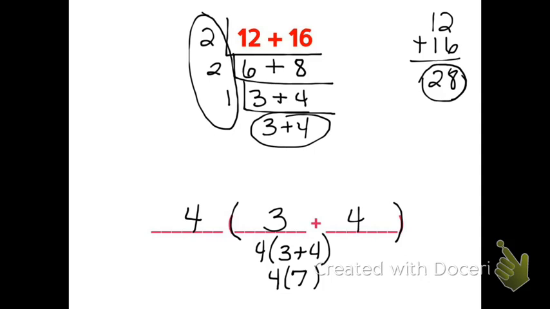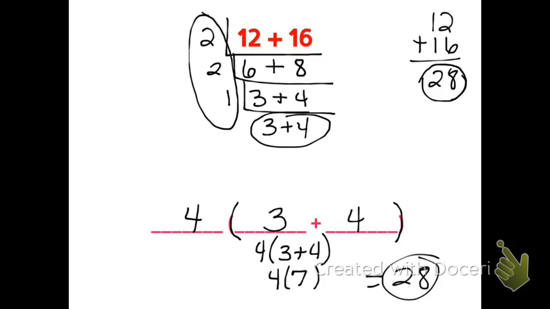So I'm going to tell you this is very, very important that you know because this is going to keep going. Whenever you see a number next to parentheses and there's no symbol, no add, subtract, multiply, or divide, you're always going to multiply. So this really means what is 4 times 7?